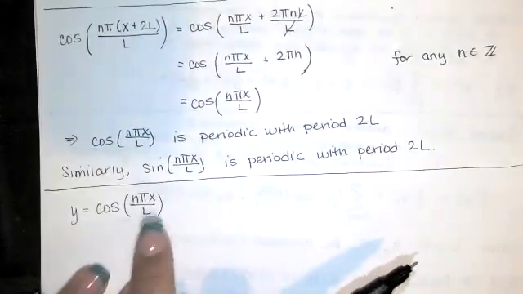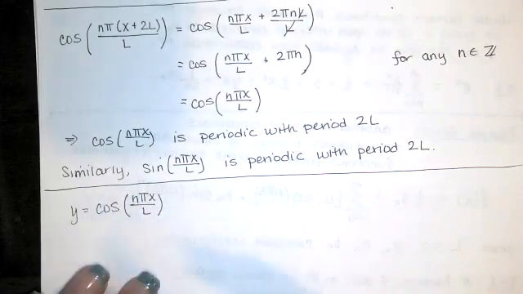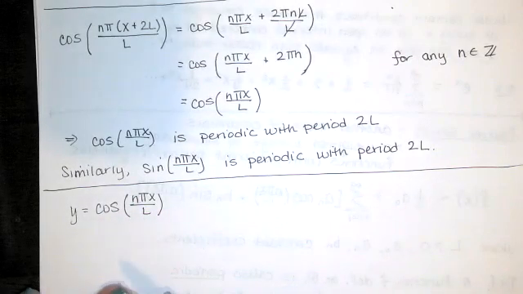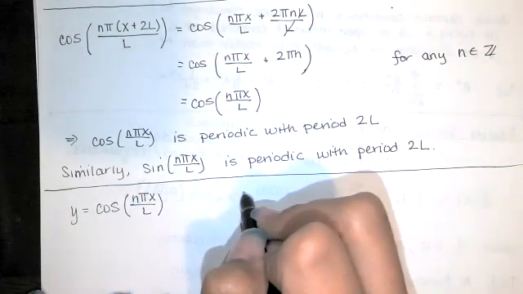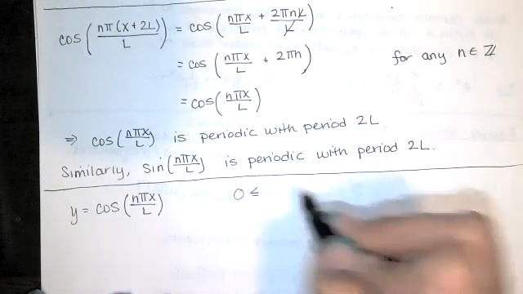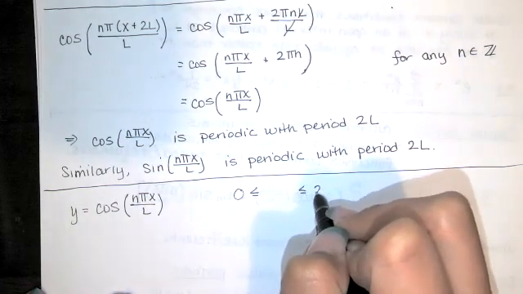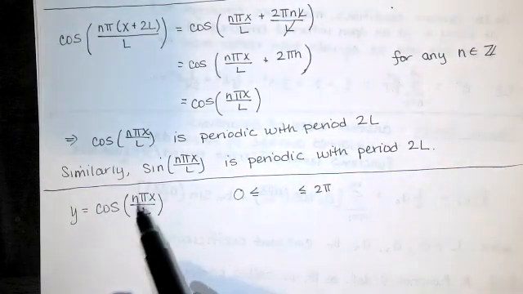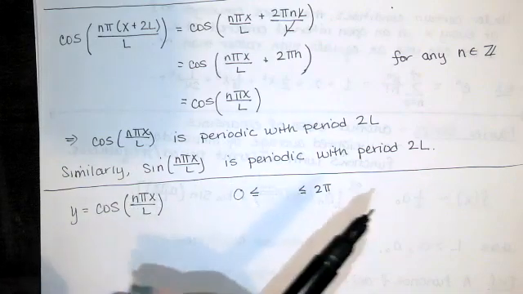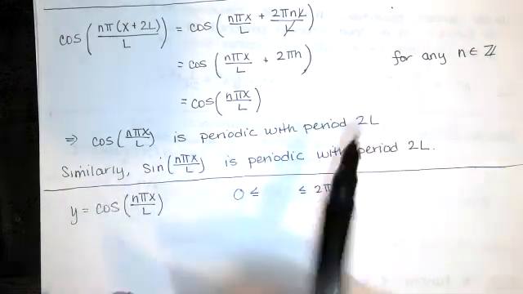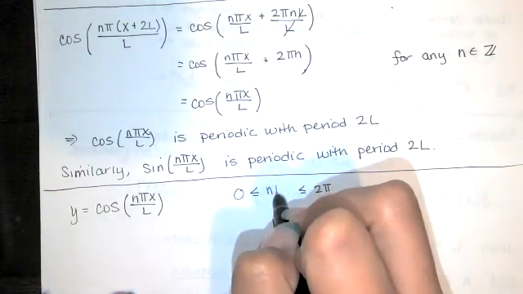So over here, when I'm trying to think about what this function actually means, it's helpful to think of this expression in the parentheses as lying between 0 and 2 pi. So I want to know, for which x values does this expression, which is the angle we're taking the cosine of, lie between 0 and 2 pi?